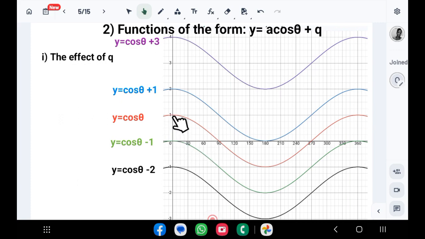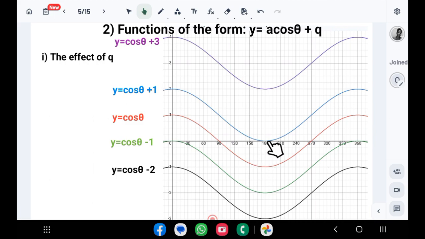So every point on the red graph has now been shifted 1 unit down. From the maximum turning point, which was at 0 degrees and 1, when we shifted 1 unit down, it lands at the origin, 0, 0. Same thing for this x-intercept. It lands on this point, 90 degrees and negative 1.